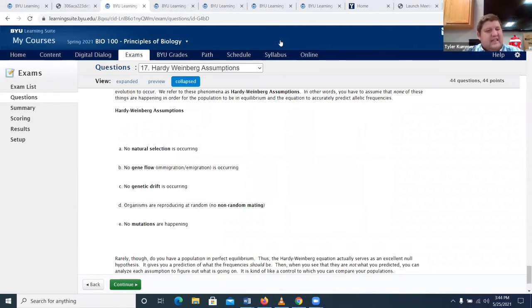So there's a bit of a distinction between bottleneck and founder effect, but the process is the same, right? We're taking a small sample size of the source population, and it just so happens to randomly not reflect the source. So genetic drift, bottleneck, and founder effect, two subcategories of that.